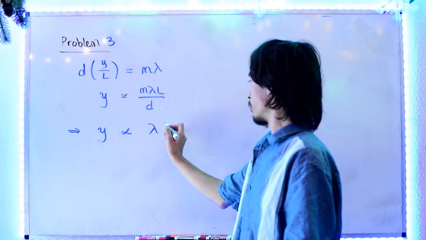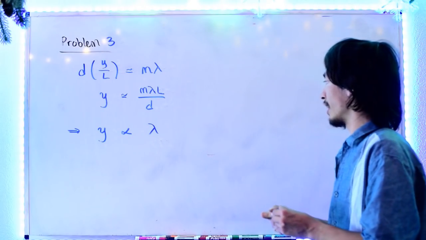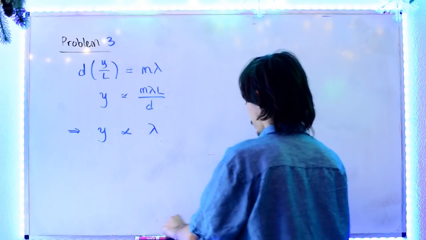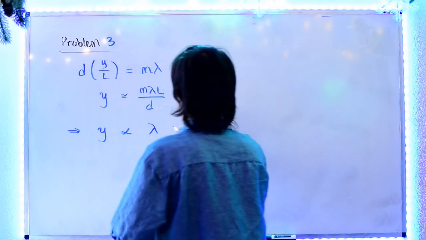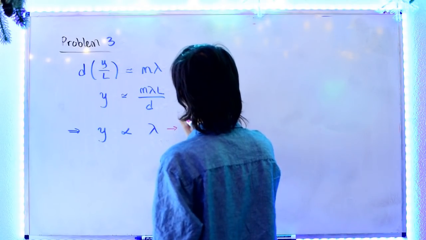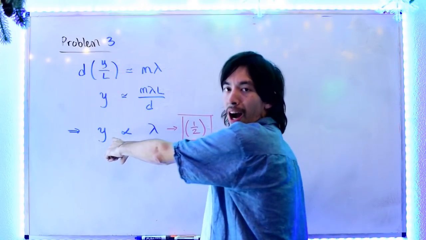So all you do is you plug in the factor by which you're changing the wavelength, which in this case, you're cutting it in half. So by cutting it in half, you just plug in a half, and that's all there is to it. So you get a half for the y value.